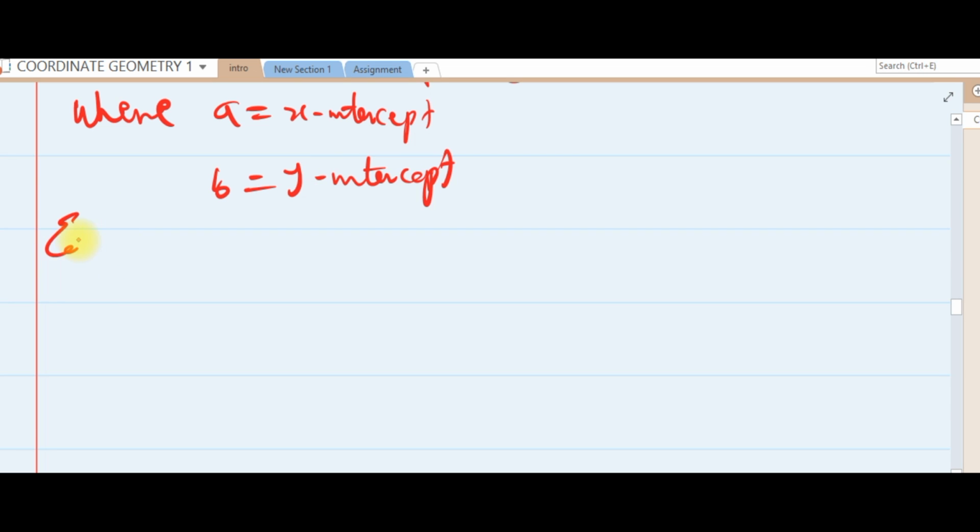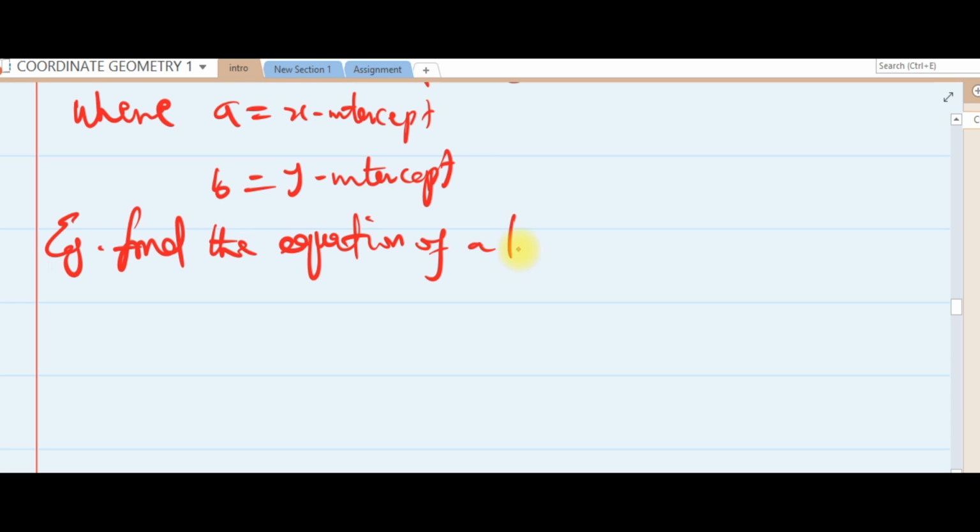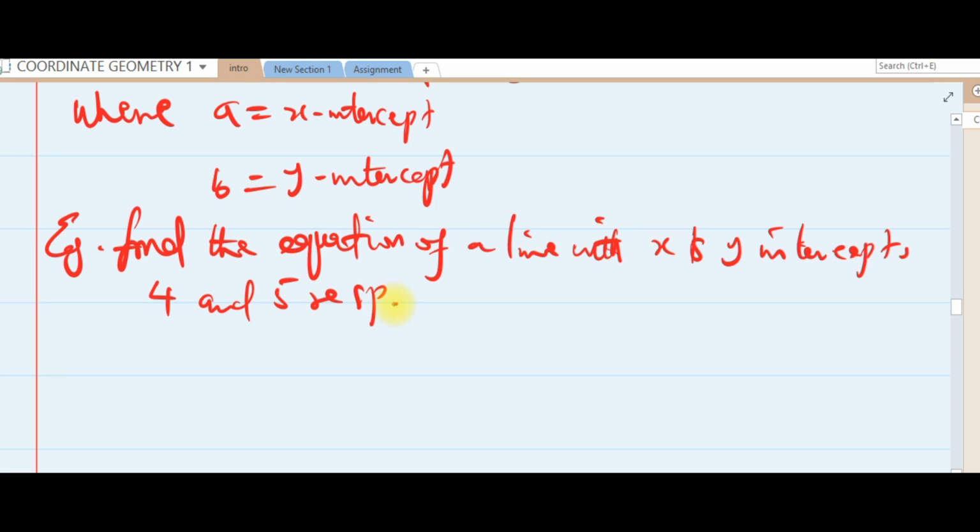So if someone asks you, for example, to find the equation of a line with x and y intercepts 4 and 5 respectively, the equation is just x over 4 plus y over 5 equals 1.